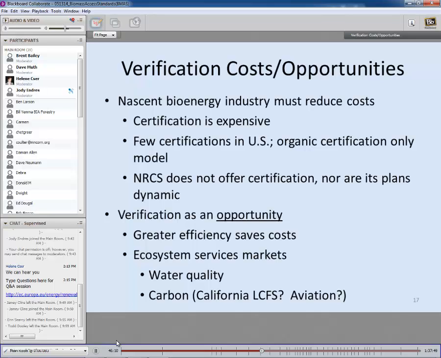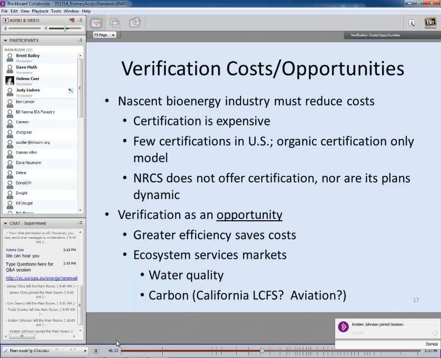It takes a lot of capacity. A lot of entities that would need certification may find it cost prohibitive to do so. That's why you see not a lot of certifications in the United States. We do have organic certification as a model here, but we're not talking about making bioenergy organic certified.